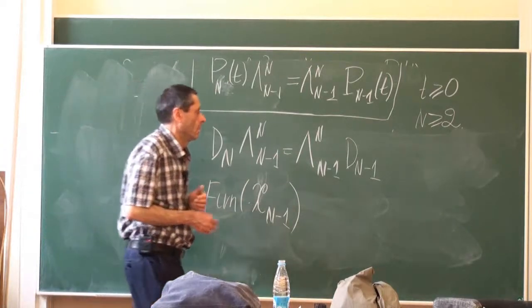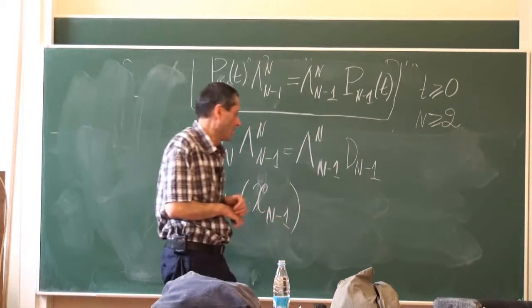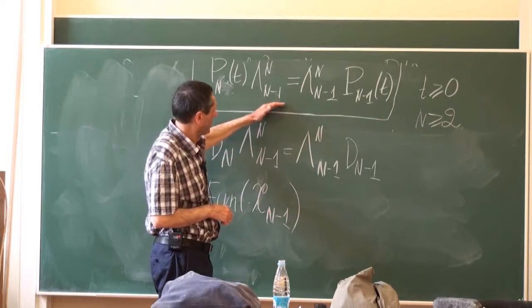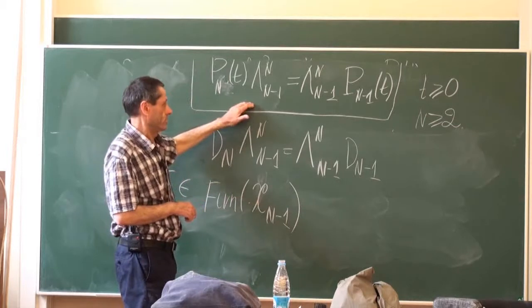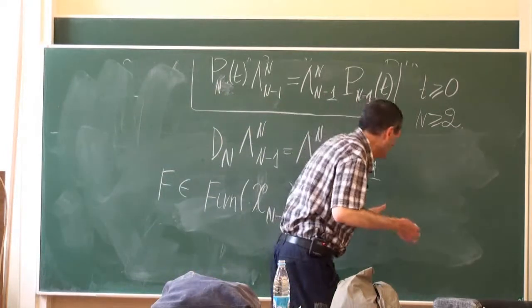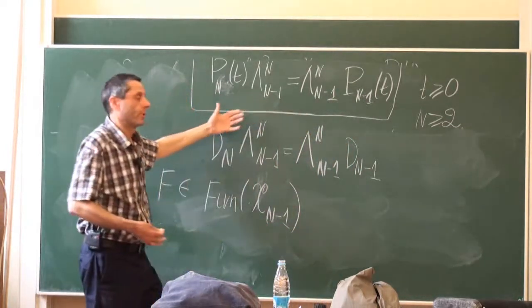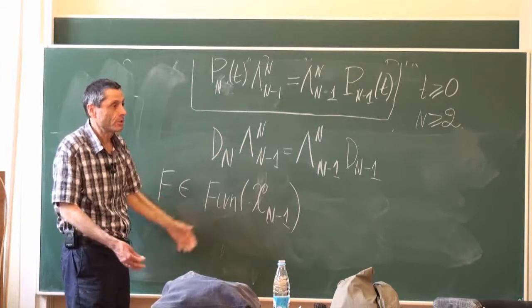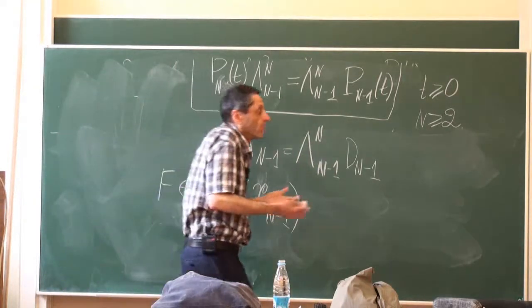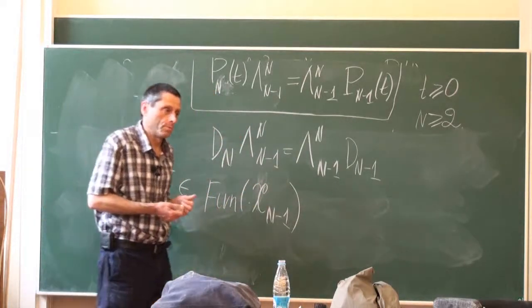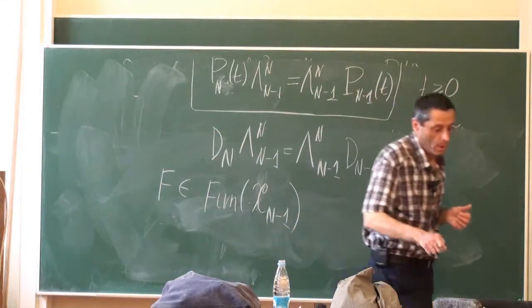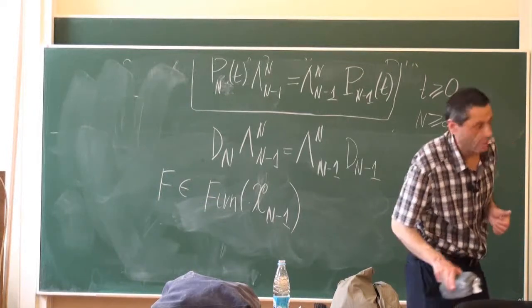If you want, we can look in our paper and find there the necessary assumptions. And if we are able to verify this relation, then automatically, almost gratis, we get the boundary semigroup. Let me give the example.